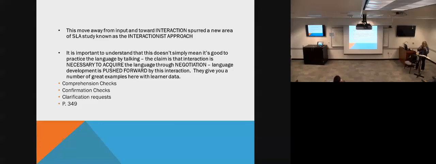So that's a really significant point, because we can all say, well, we all need to practice with the language, right? Obviously. But what the interactionists here are saying is if you don't do this negotiation and push things forward, then you won't actually acquire it to start with.